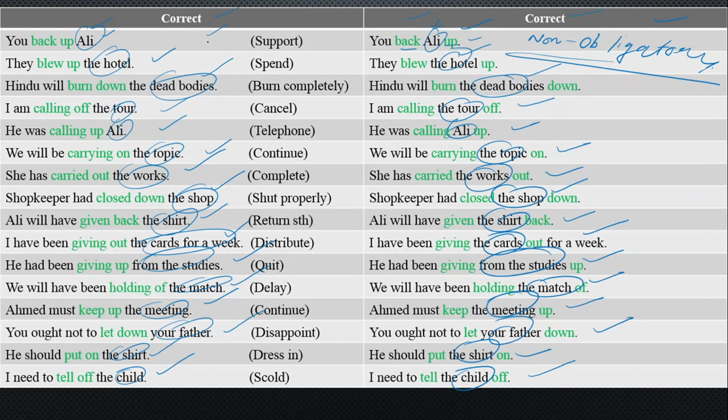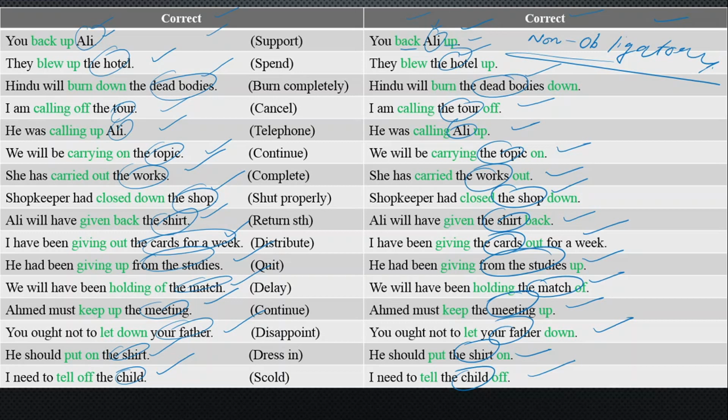Hope you got the kinds. Now again I will revise. I told you phrasal verbs are those verbs which are followed by an adverb particle, not by a preposition. Then I told you phrasal verbs have got two kinds, transitive and intransitive. Transitive can be changed into passive voice, intransitive cannot be. Then I taught that there are two kinds of transitive verbs, separable and non-separable. Separable can be separated and non-separable cannot be separated, whether the object is a noun or pronoun.